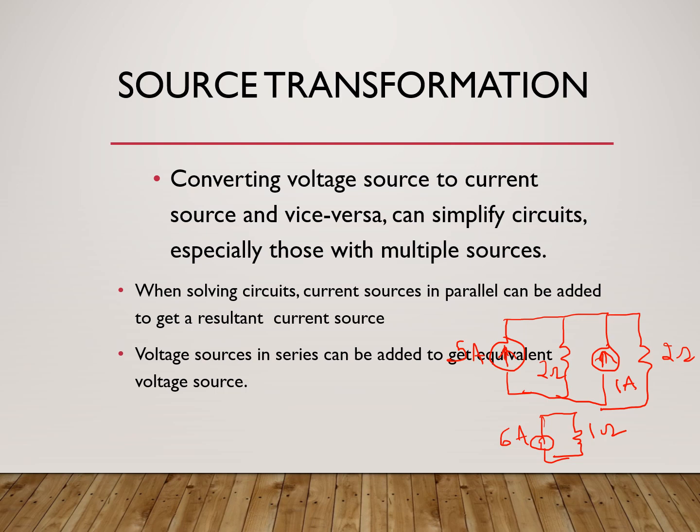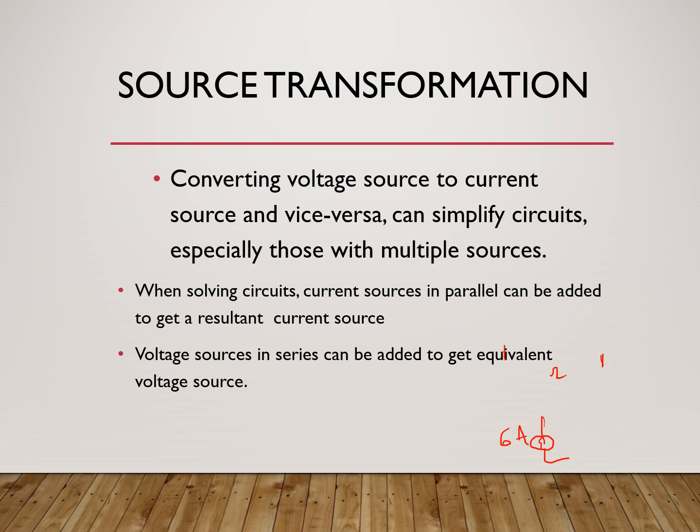Obviously we know this when we are using batteries. Batteries which are in additive polarity get added together, whereas in subtractive polarity, suppose you have two voltage sources connected in series like this.